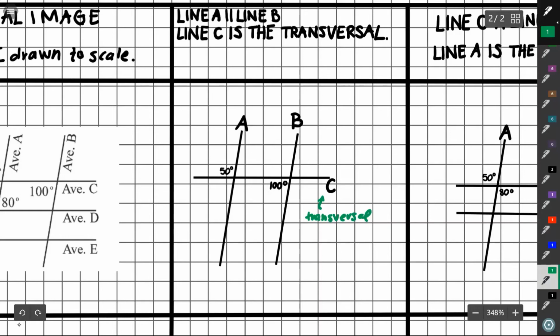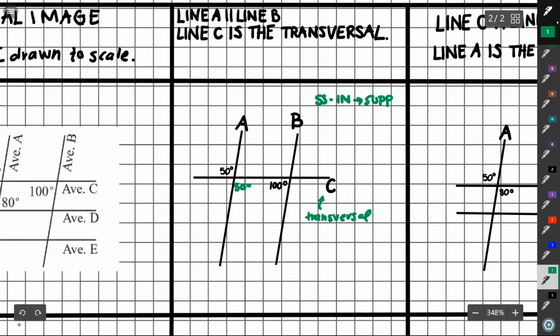All right, so if line A and line B are parallel, we're going to have to do a little bit of figuring here. I don't know the relationship between these two angles, but I do know that these two angles are equal because they're vertical, and now I can analyze that relationship. I'm on the same side of the transversal inside my two parallel lines, which means I have same side interior, which should be supplementary.